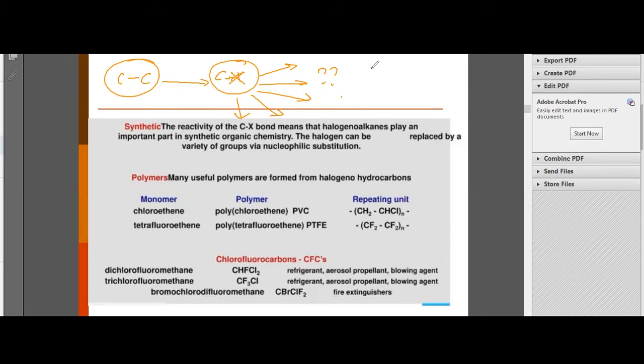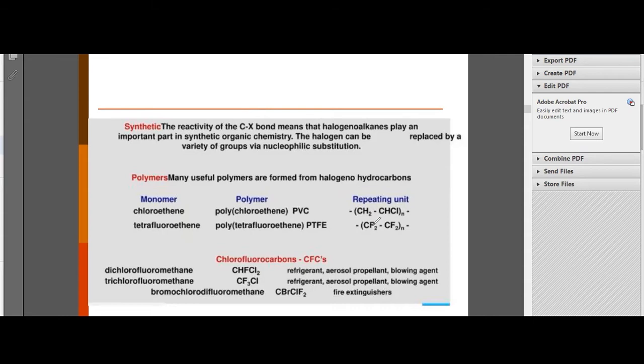Okay, halogenoalkane is also used for polymers, this is when the halogen is attached to a molecule that also has a carbon-carbon double bond. So not the pure halogenoalkane, but halogenoalkane attached to alkene, such as vinyl chloride or fluoroethene, which can be used as polymer later on.